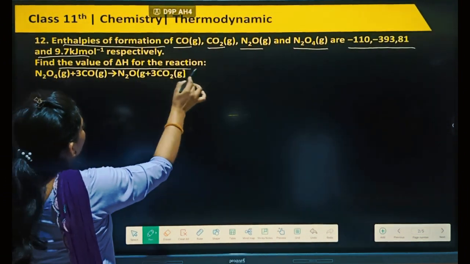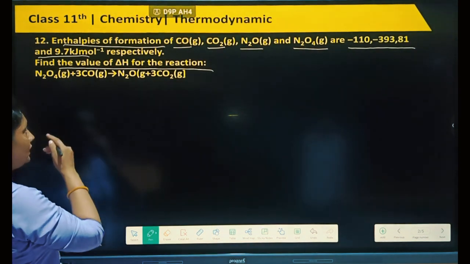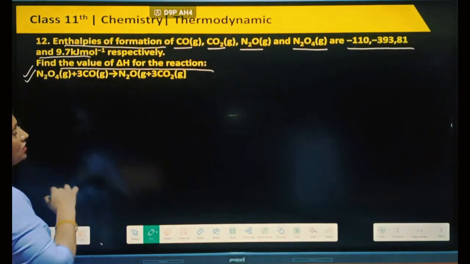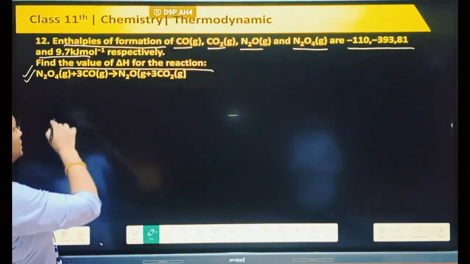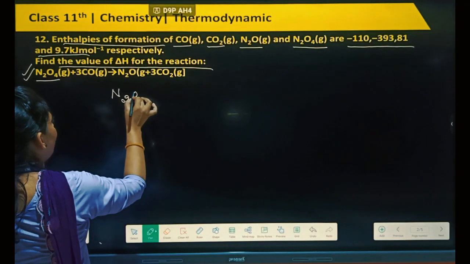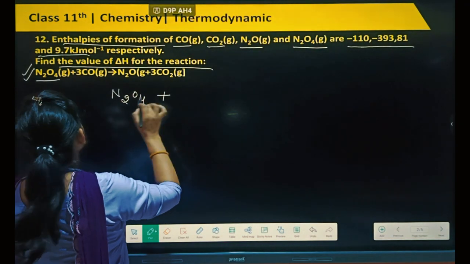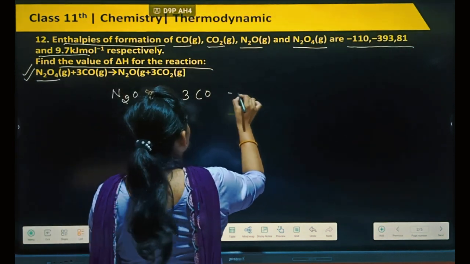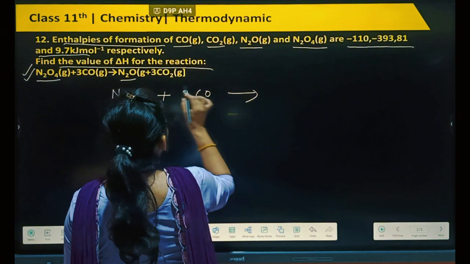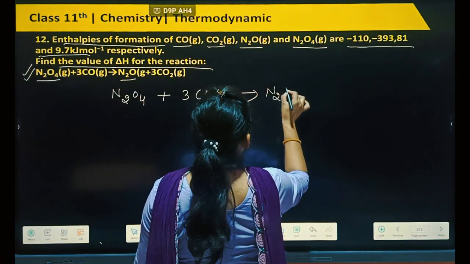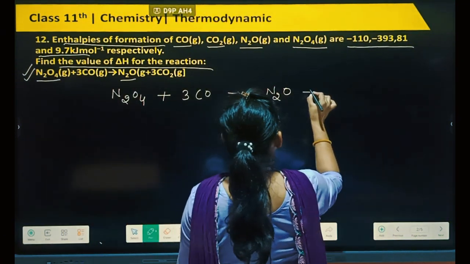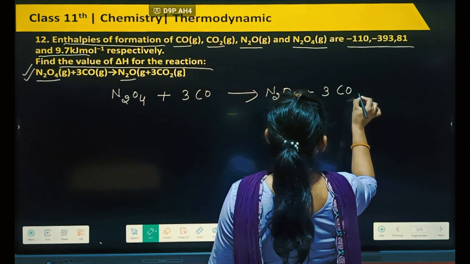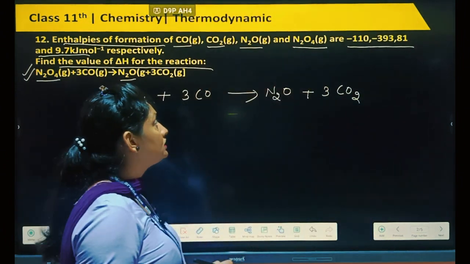Find the value of del H for the reaction. Students, this reaction is given to us: N2O4 plus 3CO giving N2O plus 3CO2. This is the equation, students.